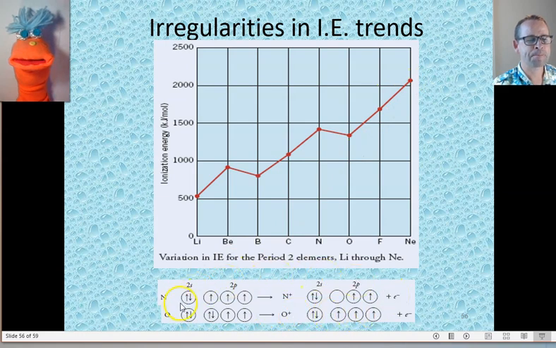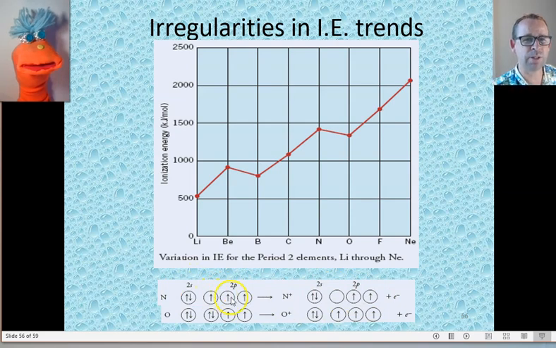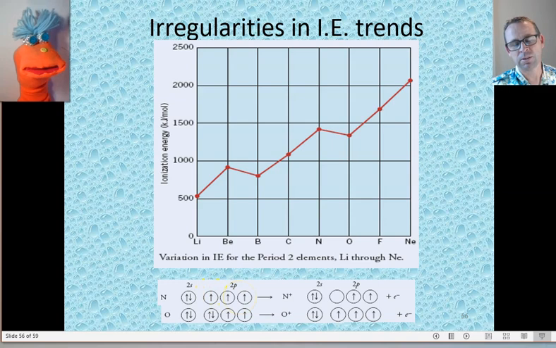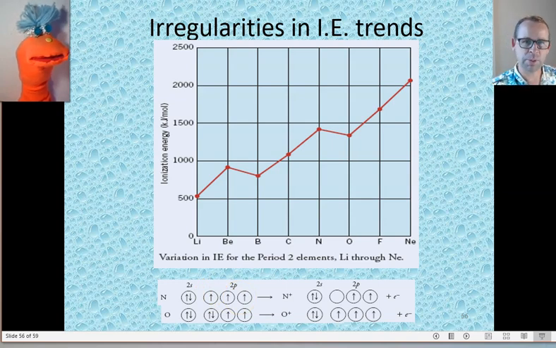See, for this orbital diagram, this is what nitrogen looks like. And if you remove an electron from nitrogen, it's hard because it's taking one electron away from a half-filled subshell. And when you have a half-filled subshell, you have a degree of stability. You get a degree of stability when you have a full subshell and a little bit of stability when you have a half-full subshell.